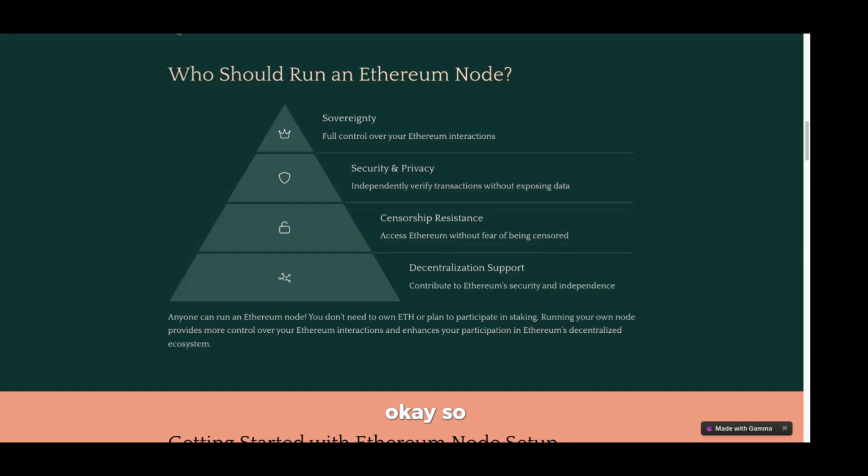Okay. So it brings me down to another question, on the consensus client you're running. You mentioned that you have the chance to have full control over your Ethereum transactions and the rest.